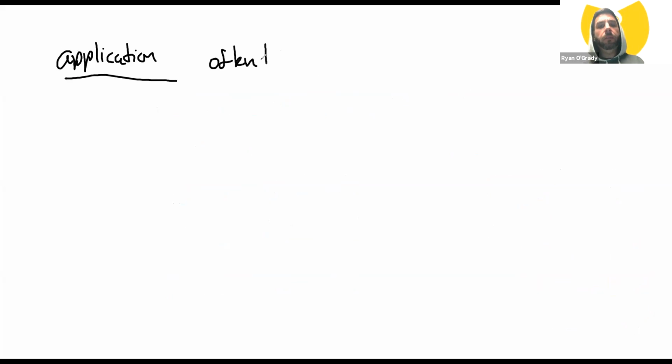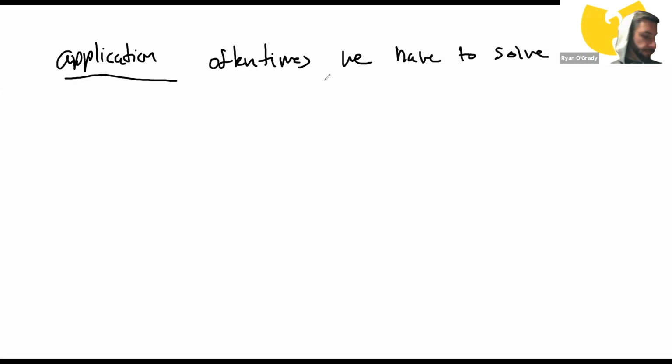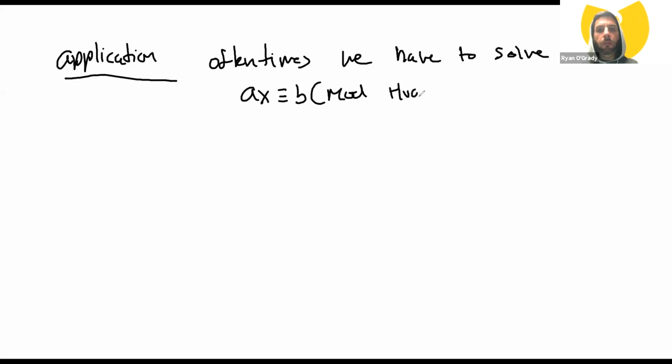Oftentimes we have to solve something like ax congruent to b mod a huge number. Here's a basic example, with not so huge a number.